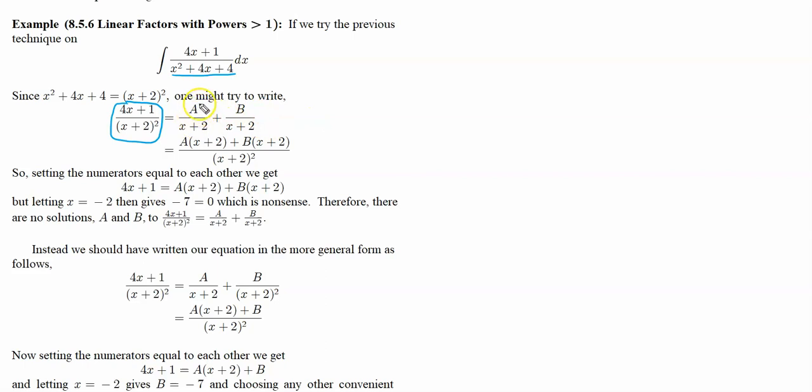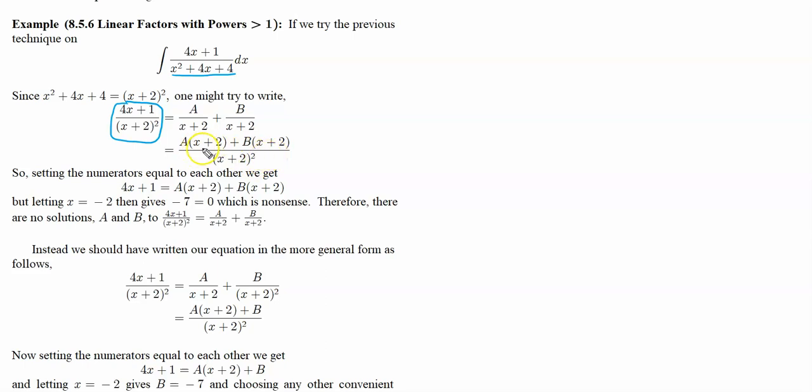Well, if you try to solve for a and b by writing it in this manner, we would cross multiply these two fractions and simplify them. So you see we get a times x plus 2 plus b times x plus 2 here, divided by the product of the denominators, x plus 2 squared.